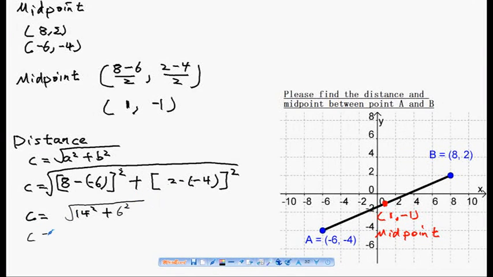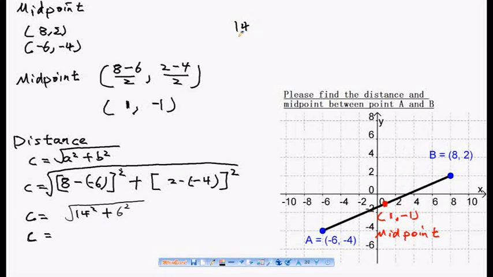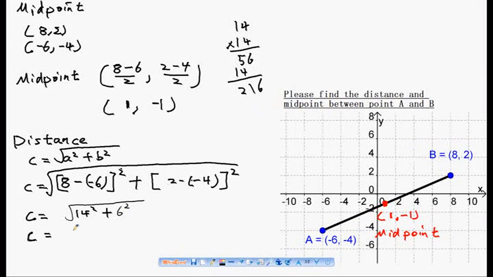Using a calculator, 14 squared is 196, plus 36, so 232.